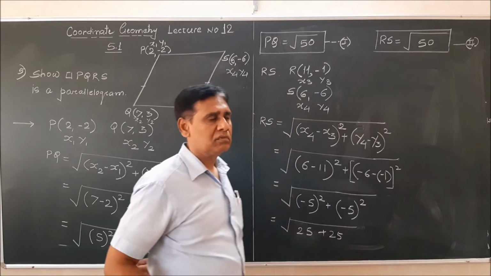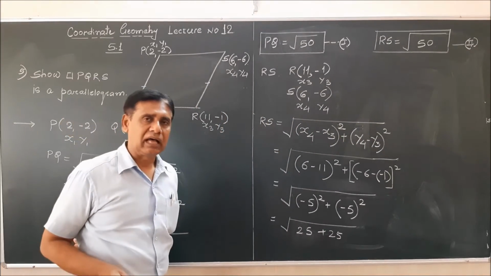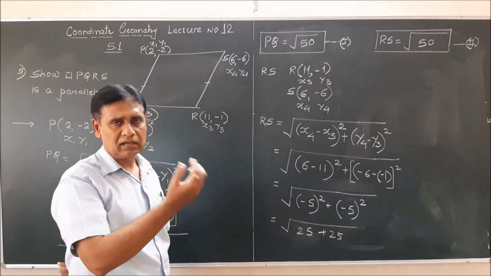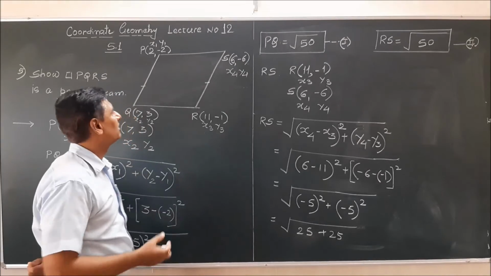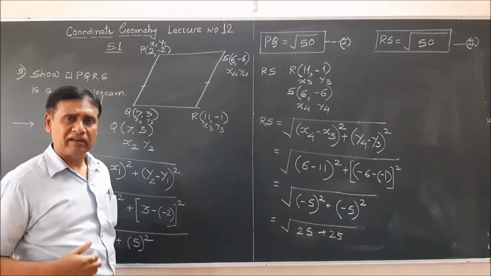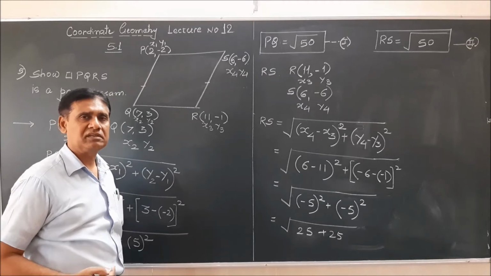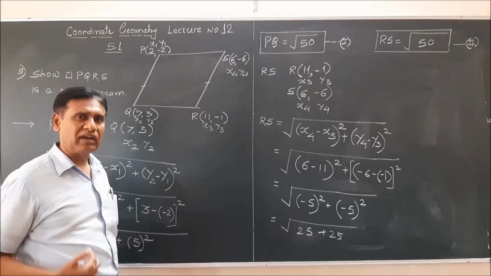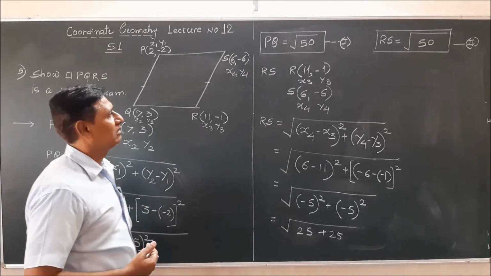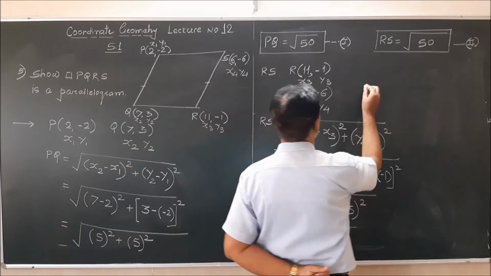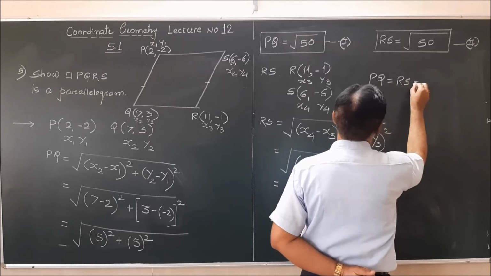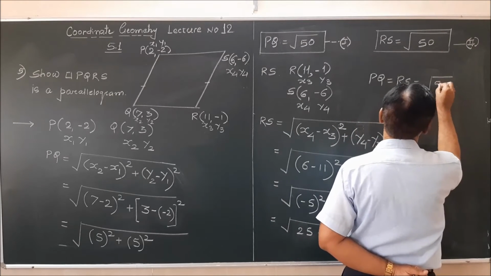Since we have to prove quadrilateral PQRS is a parallelogram, what do we have to prove? Opposite sides are congruent. In this case PQ and RS are opposite sides, but it is not enough to prove only one pair of opposite sides congruent; we also have to prove the other pair of opposite sides is congruent. So for the time being I can write PQ is equal to RS, that is equal to root 50.